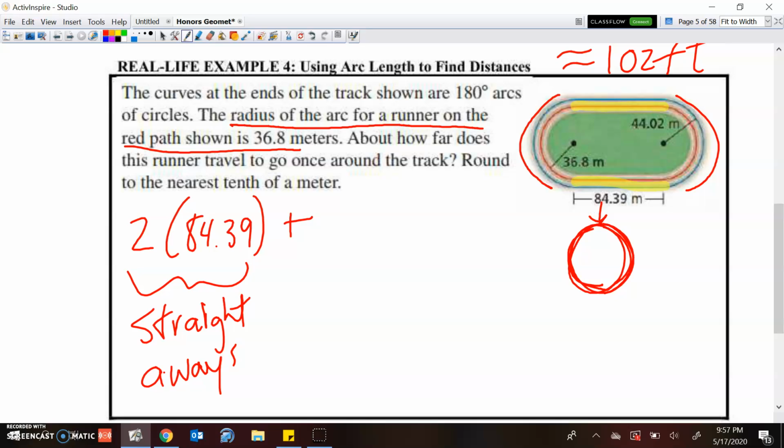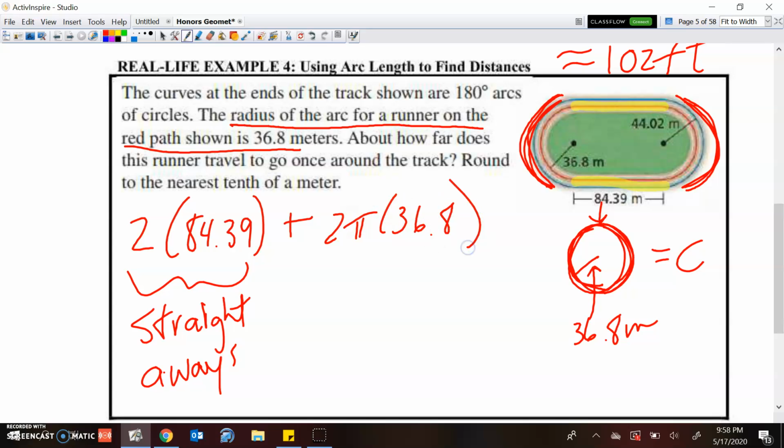So if I just find the circumference, the distance around the whole circle, with the inner radius of 36.8 meters, that's essentially this half and this half together making up the whole. So the circumference is 2 times pi times the radius, 36.8. This is the two semicircles, which is essentially the circumference of one circle.